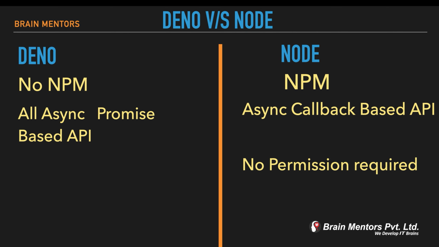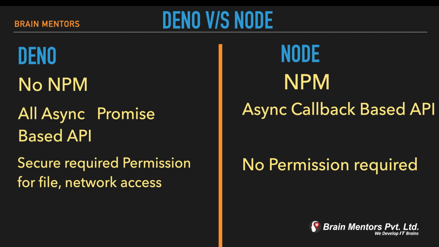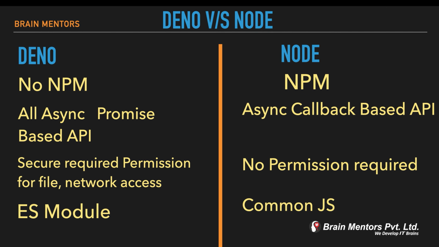For Node, there is no permission required. It can access any file, any network, any environment variables. But in Deno, it is much more secure. It needs permission for file access, for network access, for environment access. In Deno, ES module is a standard. In Node, we use CommonJS.